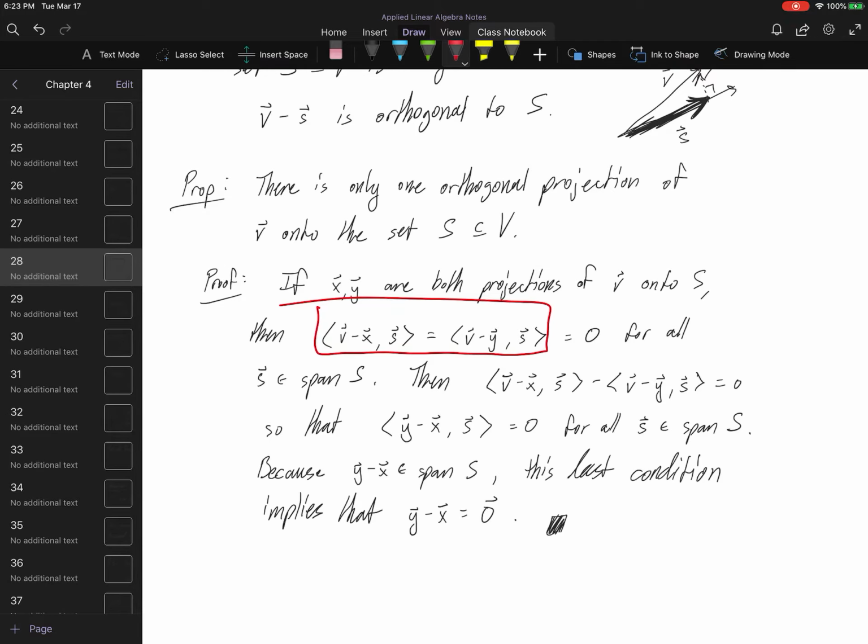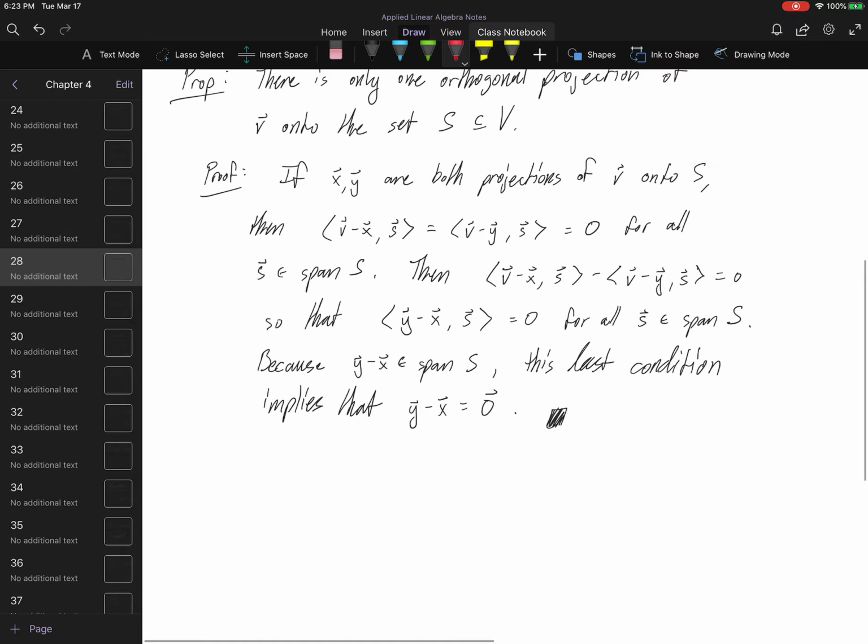We need to be orthogonal to everything in that set. So I can take this equation and subtract the V minus Y inner product from the right and put it onto the left of the equation, and then invoke linearity.